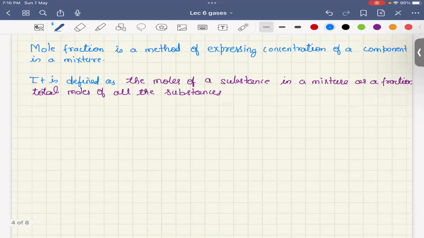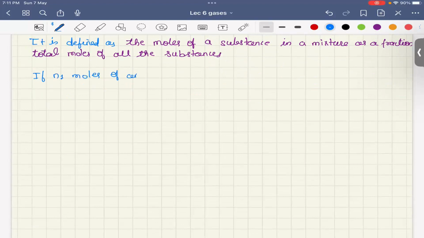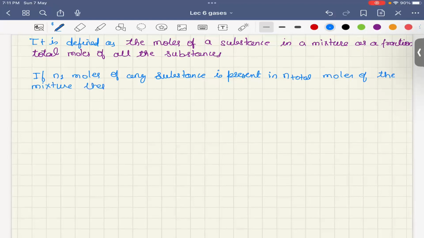Let us consider if n1 moles of any substance is present and n is the total moles of the mixture, then the mole fraction of component 1, denoted as x1, is given by x1 equals n1 by n.